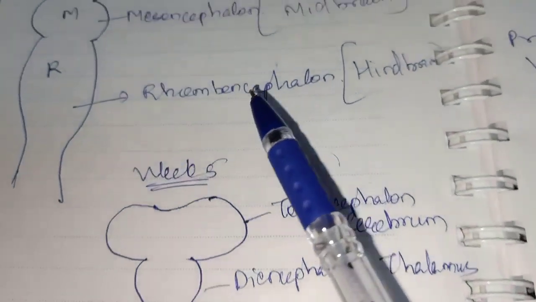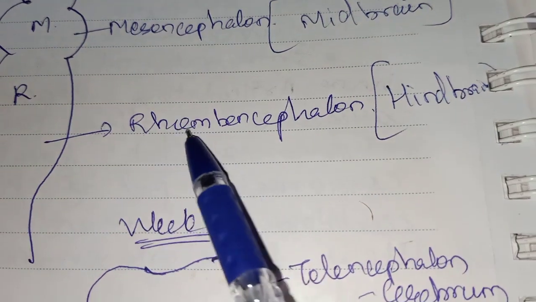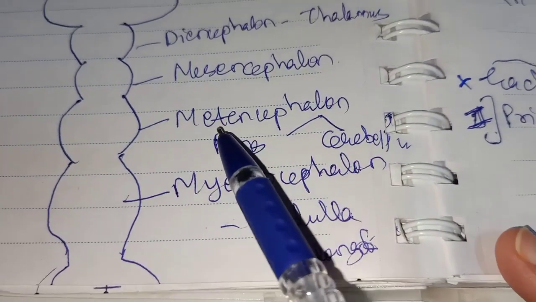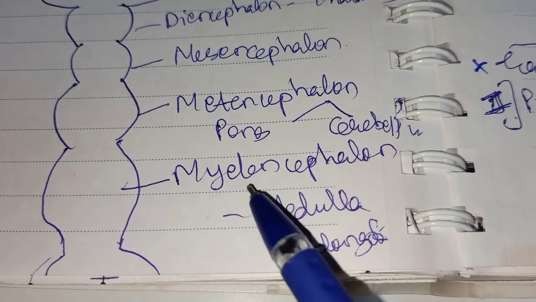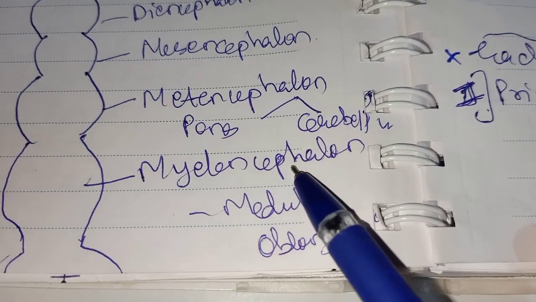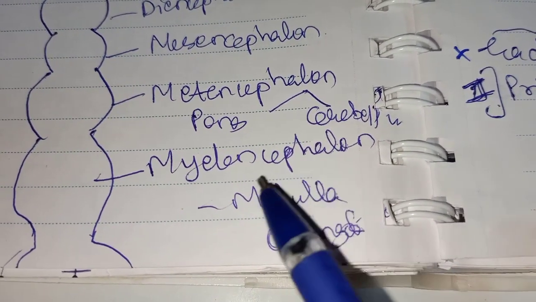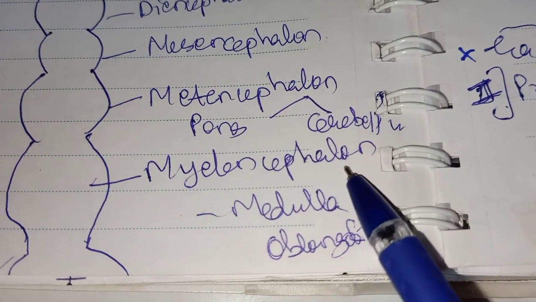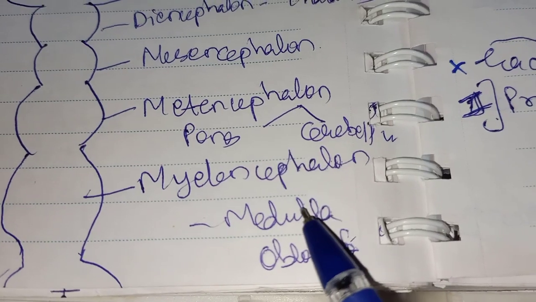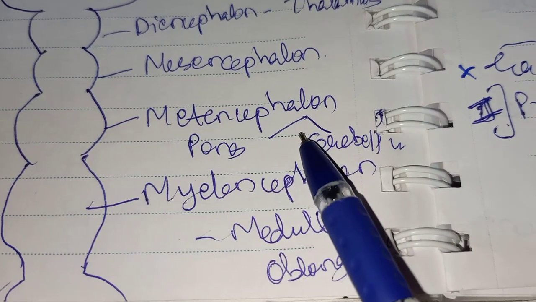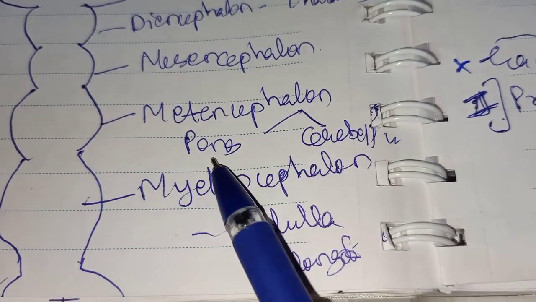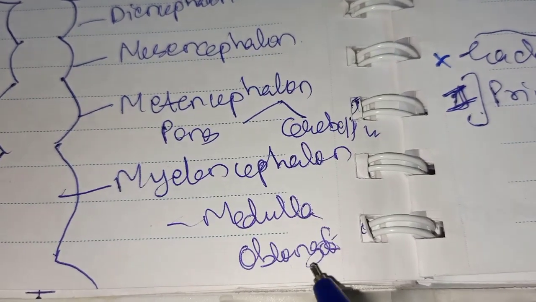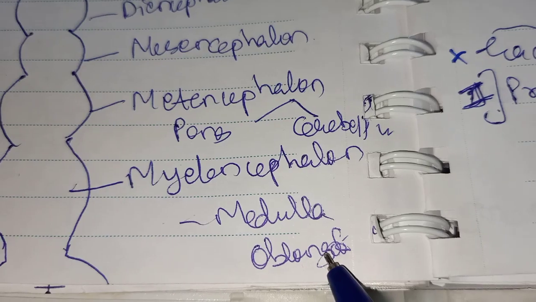Okay, so by fifth week the rhombencephalon is divided into metencephalon and myelencephalon. The metencephalon becomes the pons and cerebellum, and myelencephalon develops into medulla oblongata.